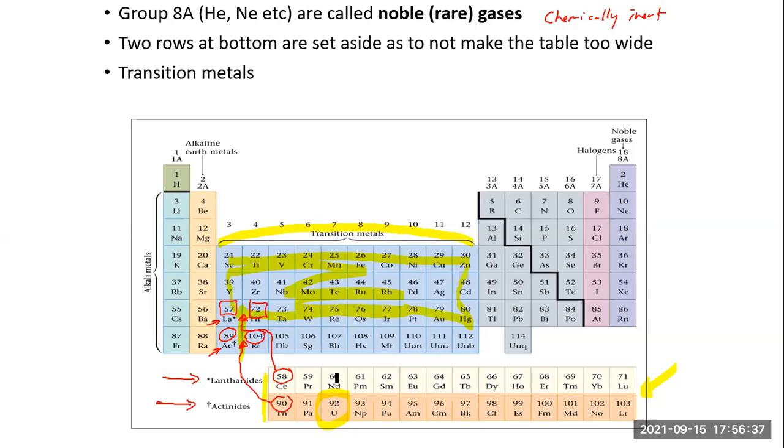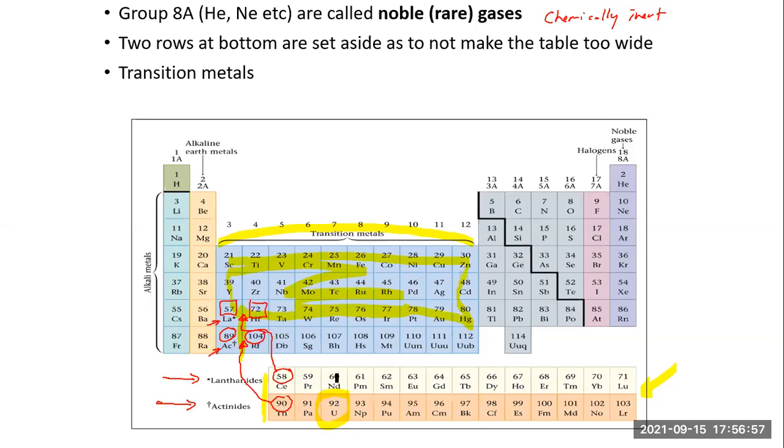Now, in terms of the periodic table, you need to know pretty much what we just talked about. You need to know groups, which way they go, and the numbering of the groups, which is group 1, group 2, skip the middle, group 3, where boron is, all the way to 8. You need to know which way periods go.